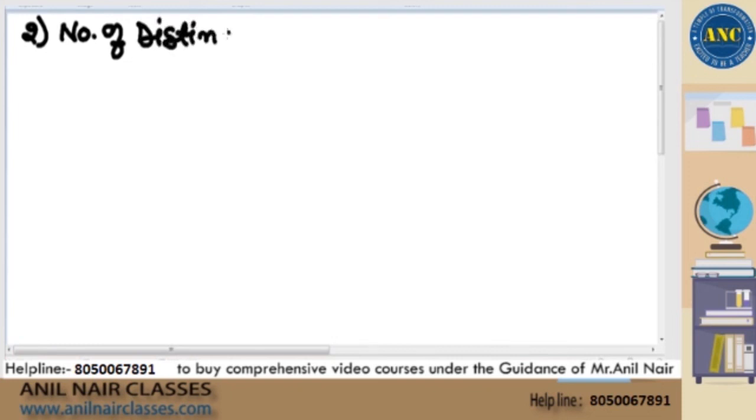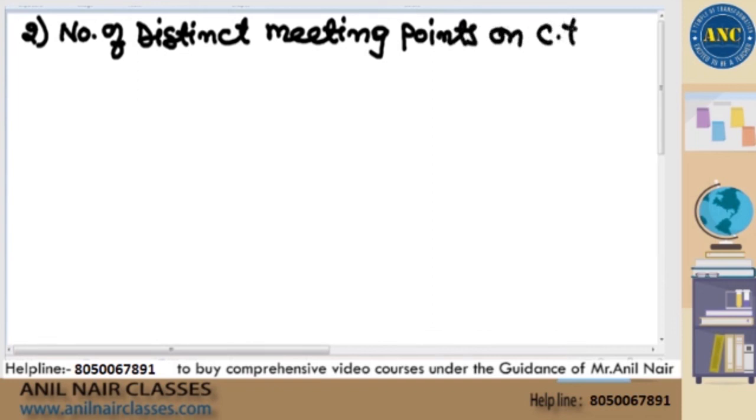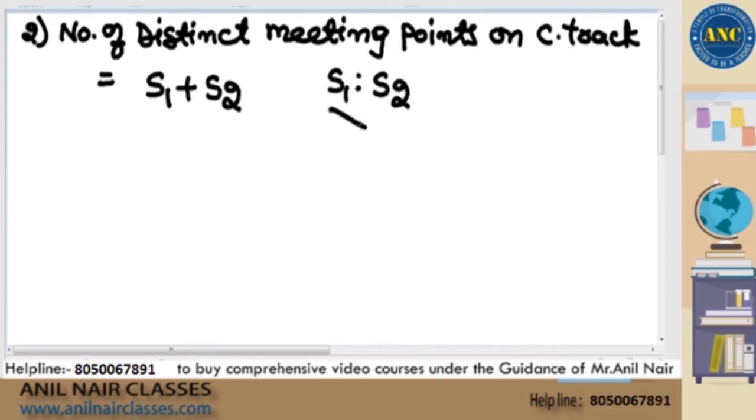Number of distinct meeting points on the circular track is given by S1 plus S2, if S1 to S2 is in its simplest form.